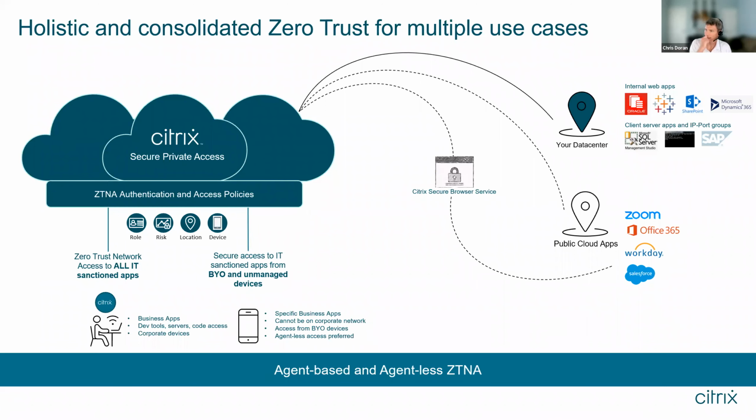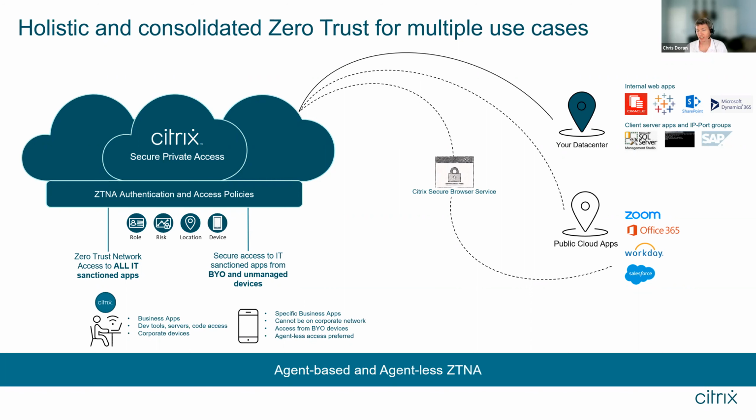Exactly. We've had a few customers on here as guests today who've brought up, what keeps a user from just going to Workday outside of secure private access? Workday has its own portal. How do we make sure they have to come through SPA to work within that application, because it's in the cloud?